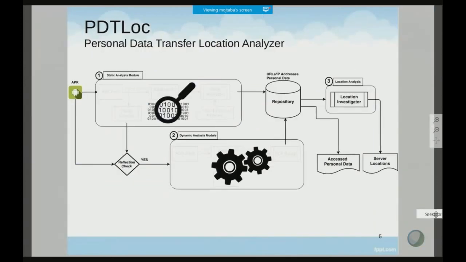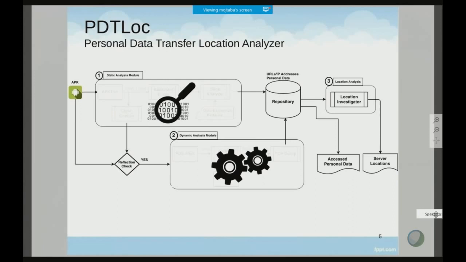There are three big modules of this tool: static analysis, dynamic analysis, and location investigator. The static analysis performs a code analysis, and we check reflection and dynamic code loading of the mobile apps. If they use such a thing, we run the dynamic analysis on the app too.